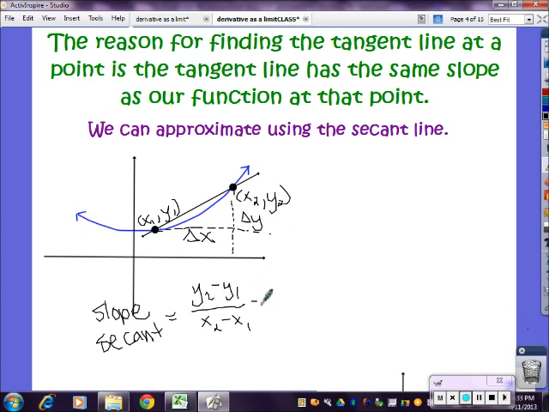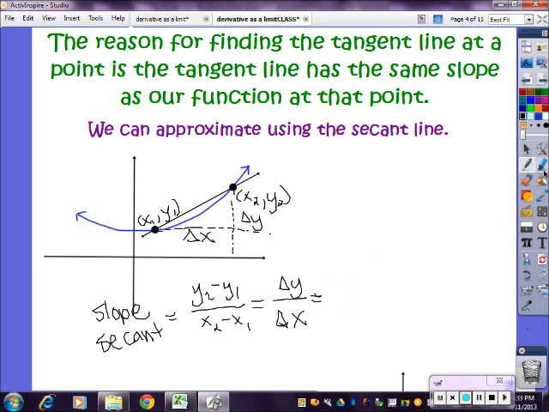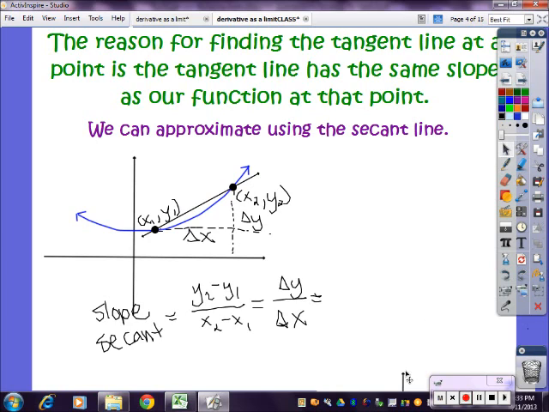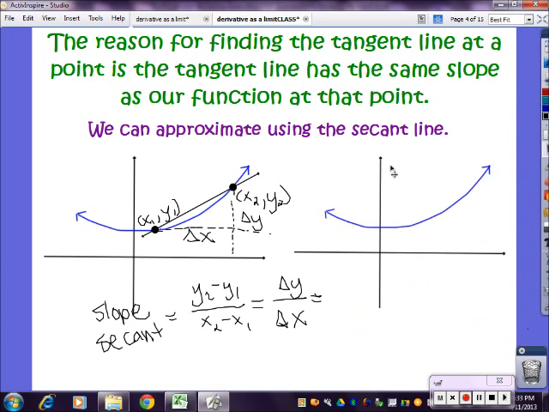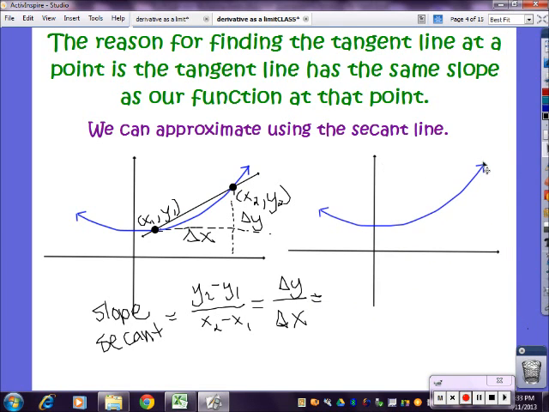So the other way to represent slope is change in y over change in x. There's another way that you're going to see in your calculus textbooks that they show this slope, and that is function notation.